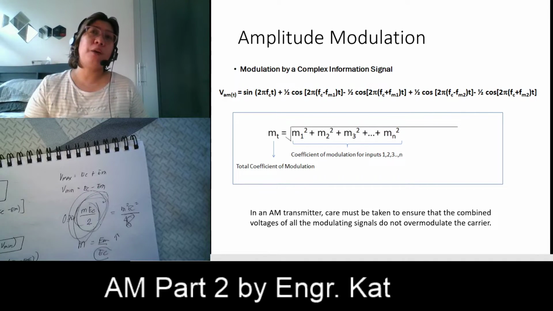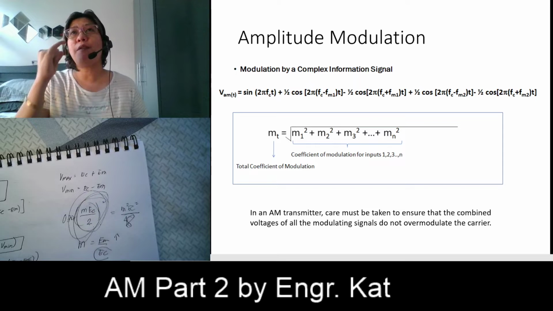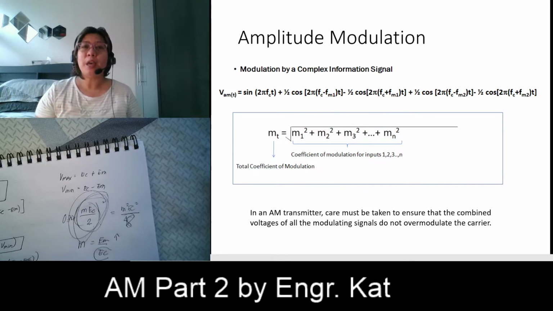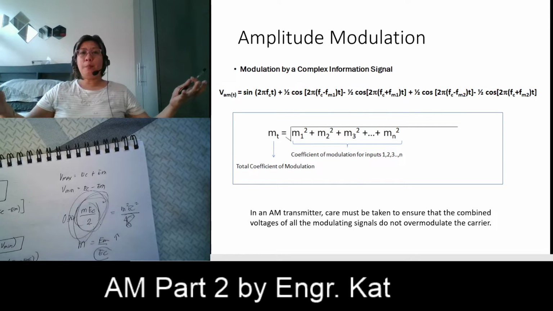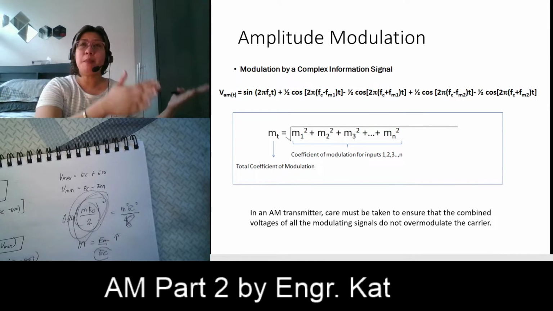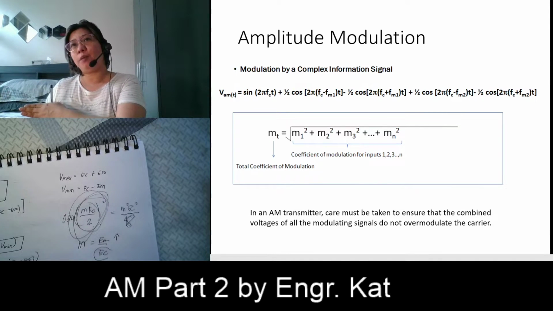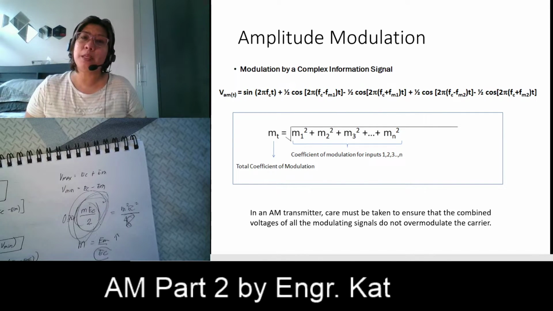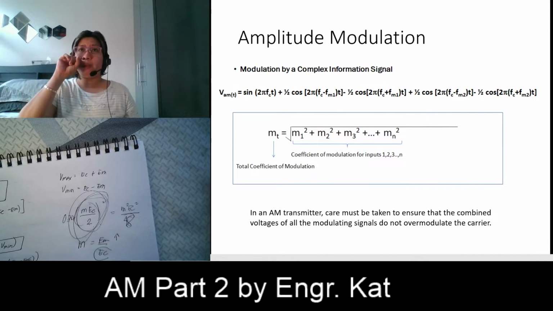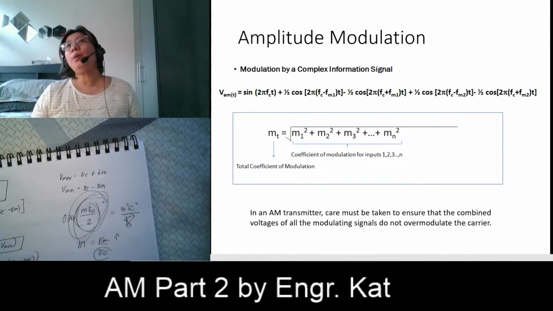So if you have three modulating signals, you have M1, M2, and M3. Then your AM waveform will be equivalent to FC minus FM1, FC minus FM2, FC minus FM3, and on the other side, FC plus FM1, FC plus FM2, FC plus FM3, and so on. So that means we are expanding our bandwidth.